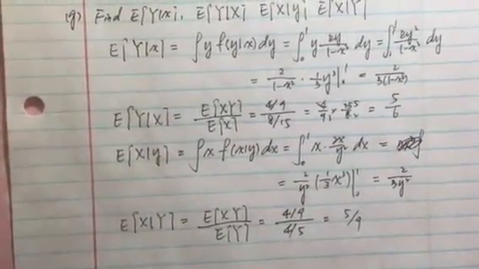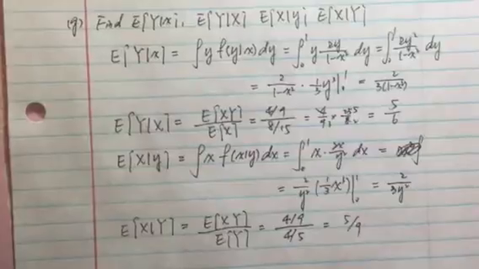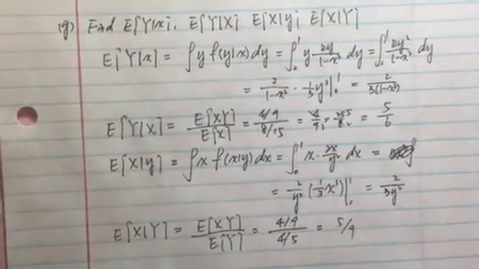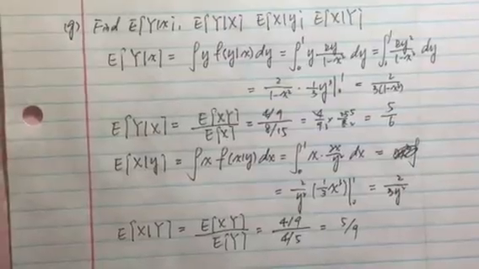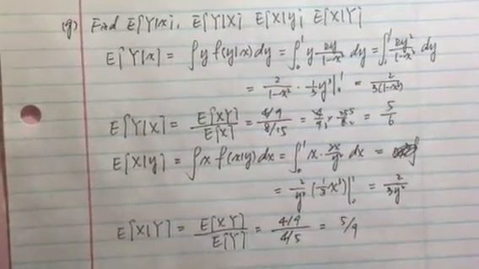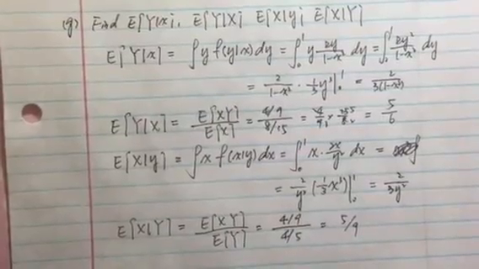So the same thing for the expected value of X given small y is the integral of x times the conditional density function of X given y.